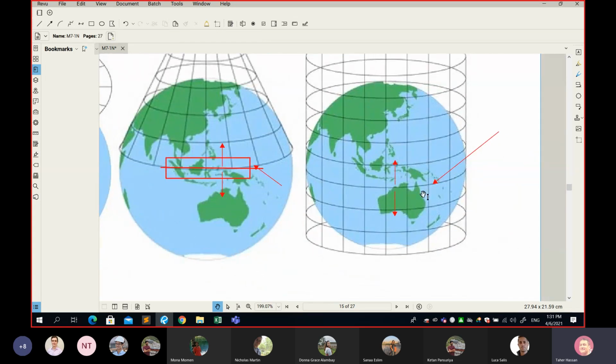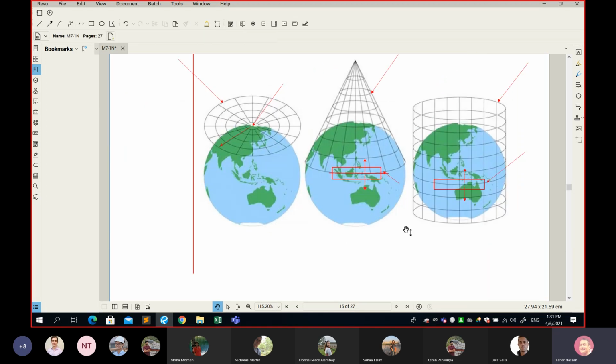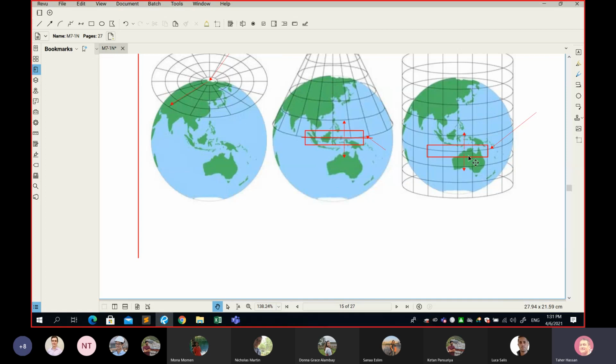How about if I have a country extending east-west around the equator? Should I use planar projection or cylindrical? I should use cylindrical projection.